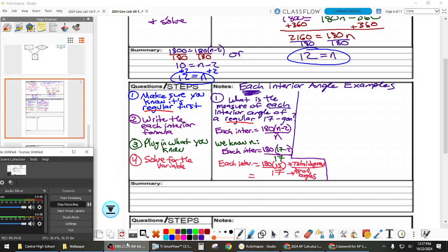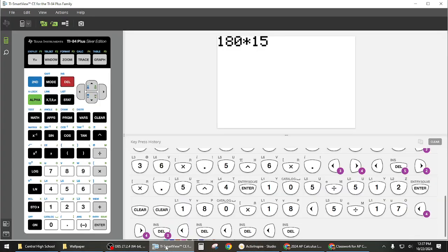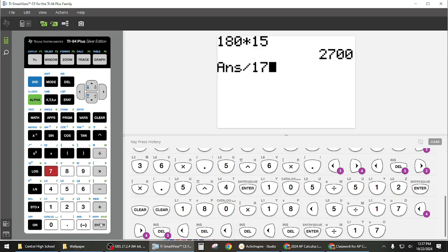So how many degrees do we have? We have 2,700 degrees, right? Dividing by 17 gives us 158.82 degrees per angle. These will not always be whole numbers at all. Very rarely will it be a whole number.